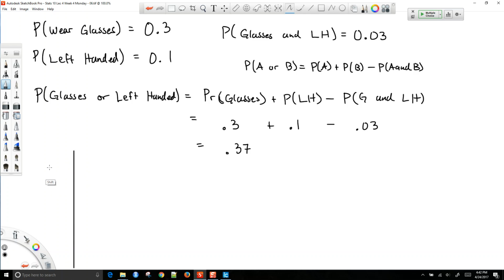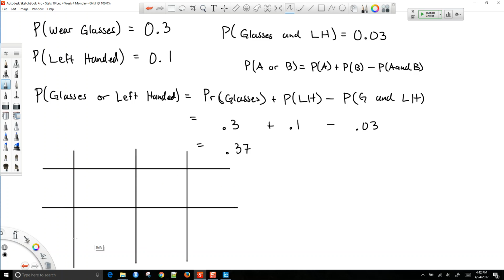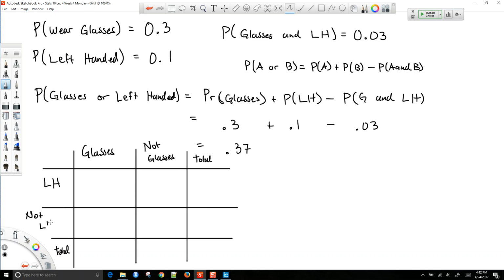Let me show you what else we can do. We can also make a table if we want to answer some tougher questions. I'm going to make this the total column and the total row. We can say glasses versus not glasses, and then left-handed and not left-handed.